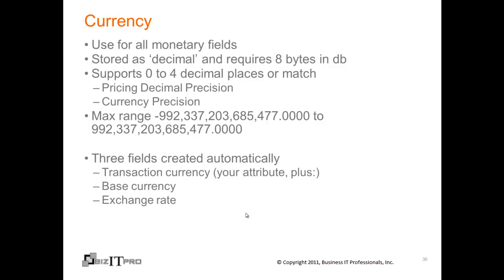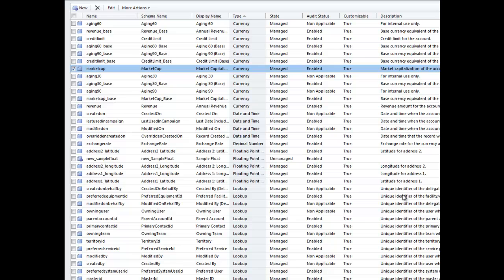The base currency, as well as transaction currencies, are configured at the time of CRM installation and maintenance. That's outside the scope of this particular segment, but in effect, this gives you the ability to handle what you need in multi-currency situations.